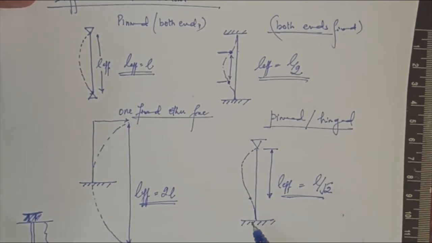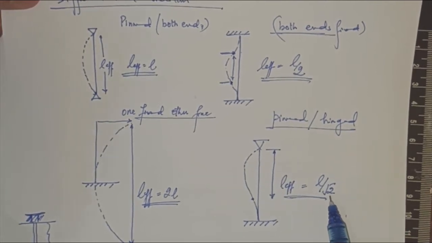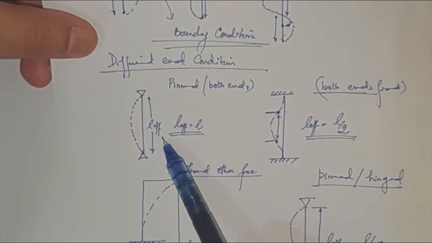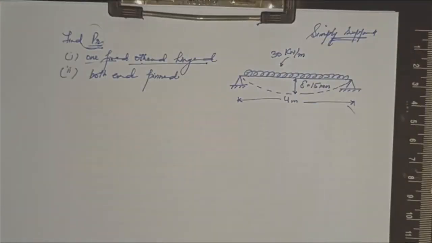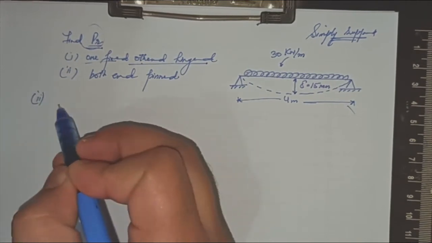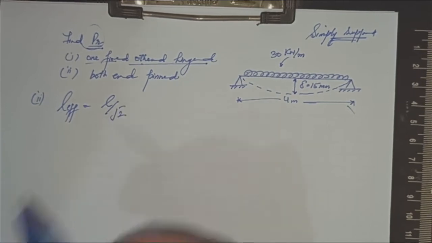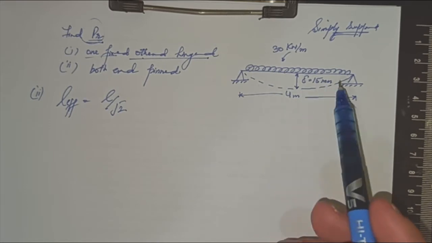One end fixed and the other end hinged, so L effective will be L by root 2. In the other case, with both ends pinned, the L effective will be equal to L. So in the first case, my L effective will be equal to L by root 2, and this beam will be used as a column.